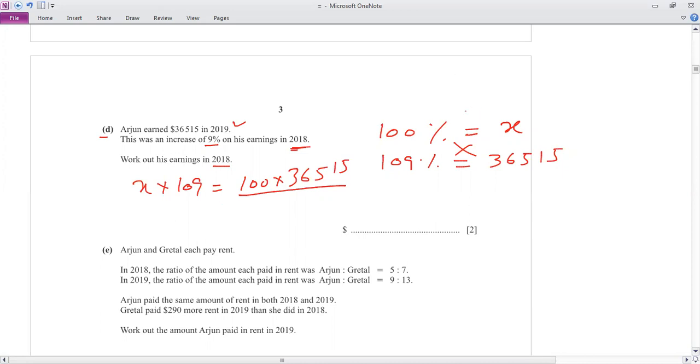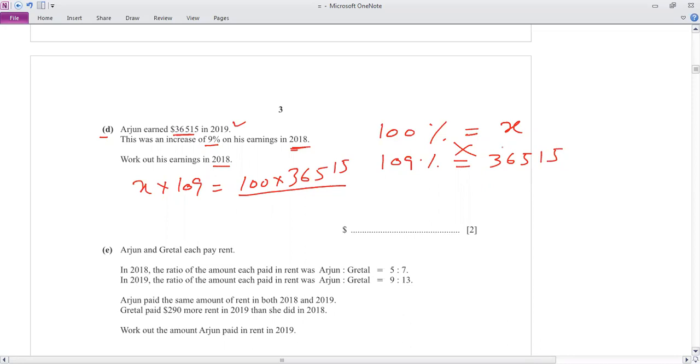Actually this is a kind of unitary method, but that will be confusing because this is not for the previous year, this is for the coming year. So from where we are starting the comparison, this method will not be confusing.